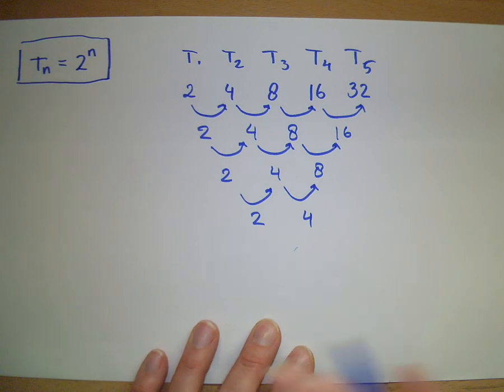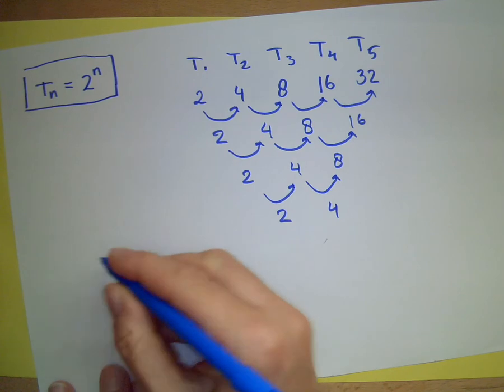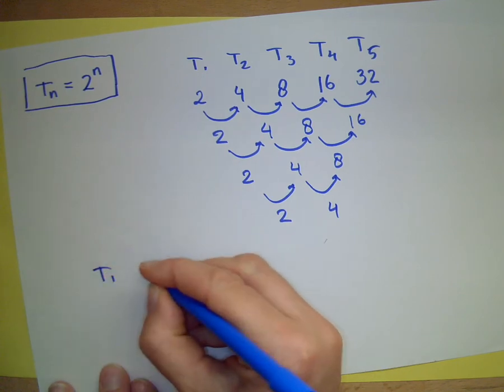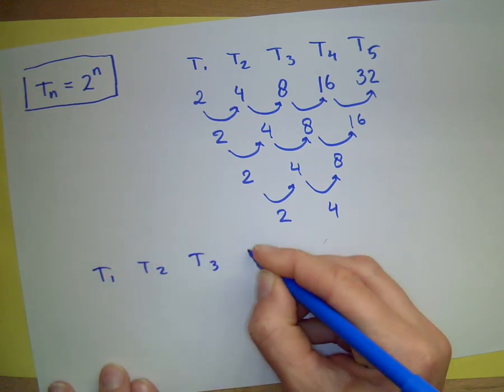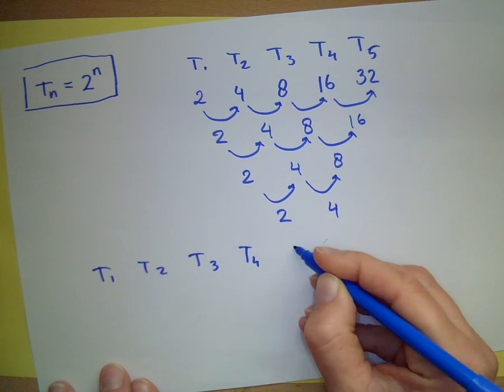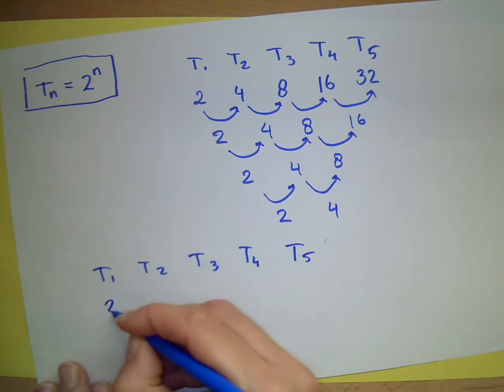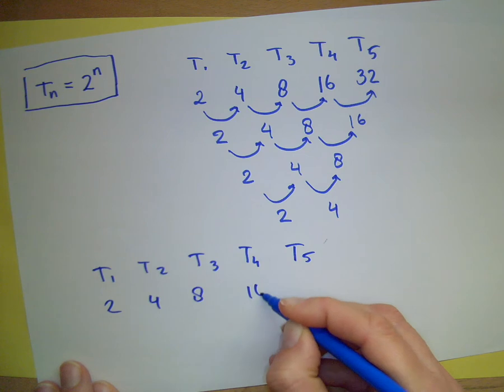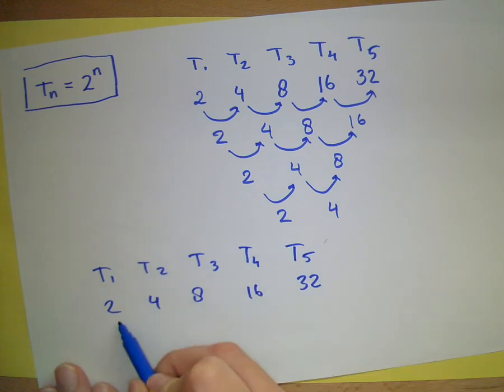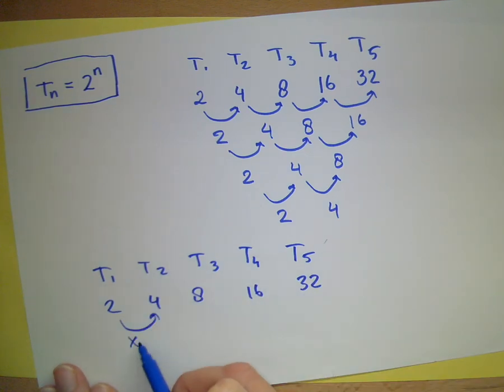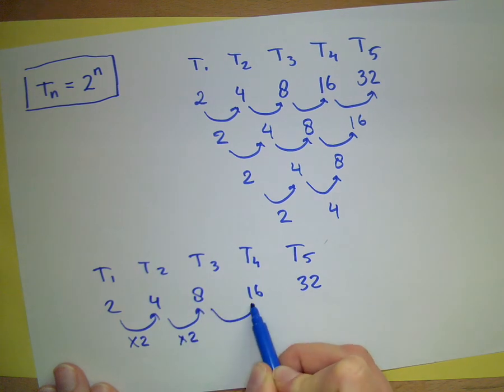Okay, we could actually say, if we rewrote this, T1, T2, T3, T4, T5, 2, 4, 8, 16, 32. The thing that we could say is the returning pattern is that we're multiplying by 2.